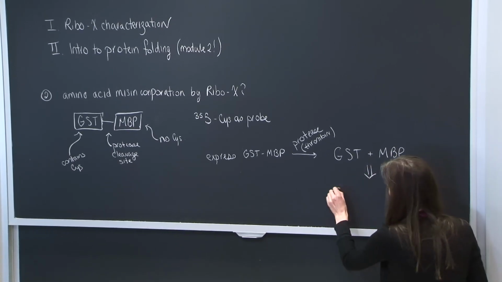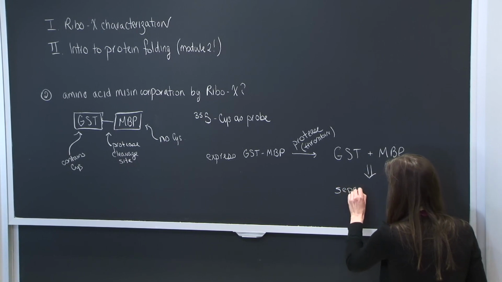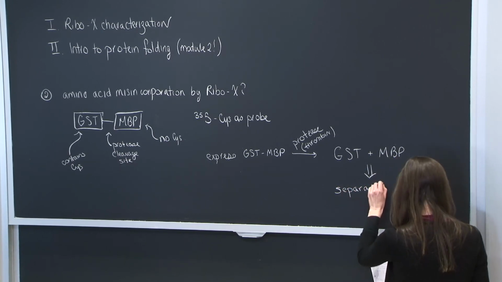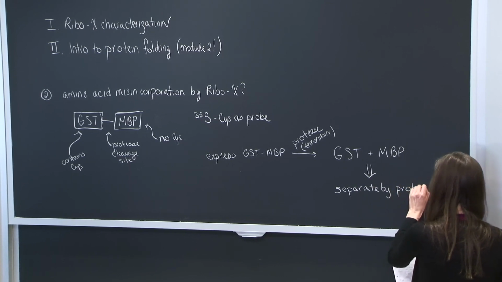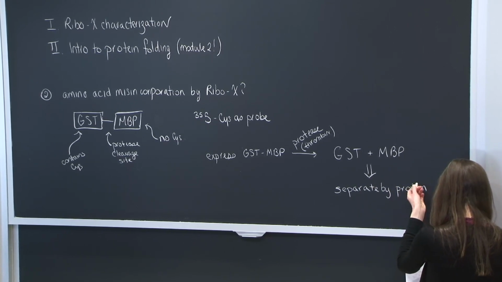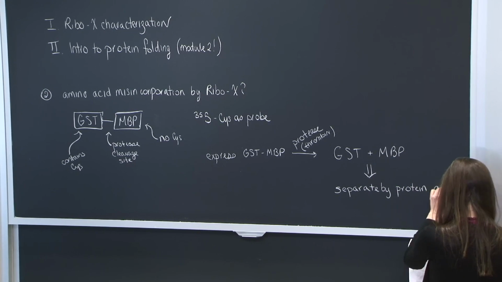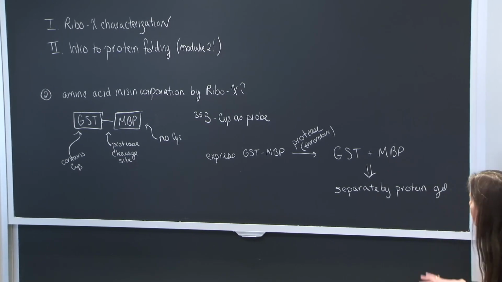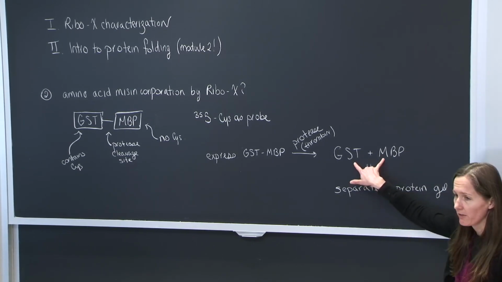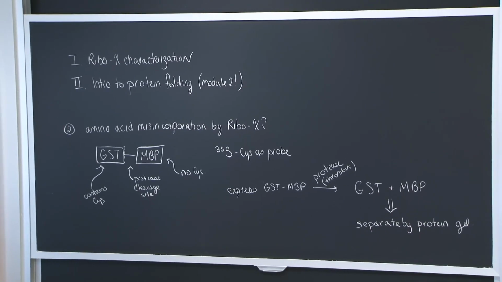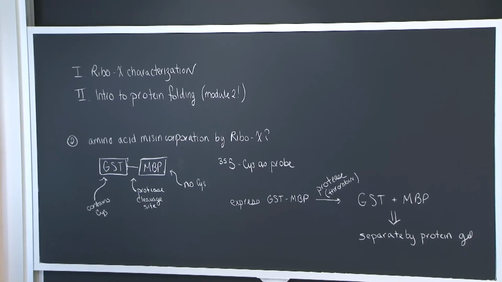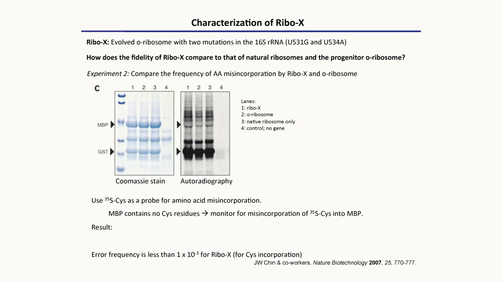So we can separate them just doing SDS-PAGE, and ask, where do the proteins migrate on the gel? And then where do we see radioactivity? And so the data are shown here that were reported by the authors.